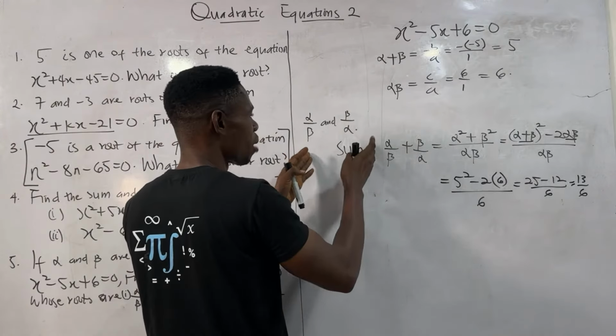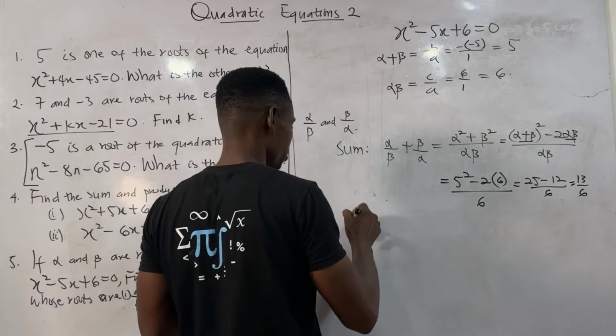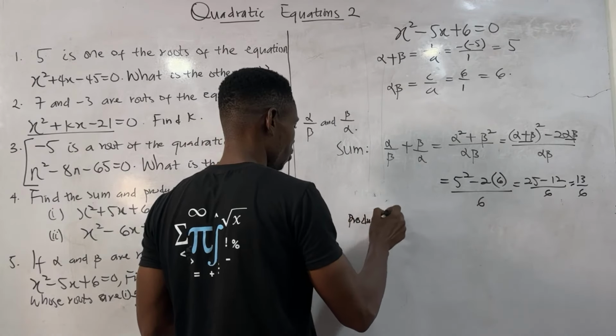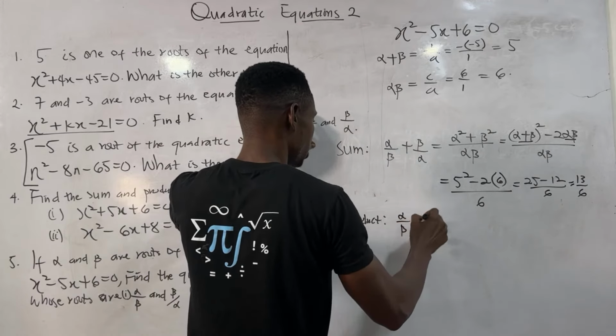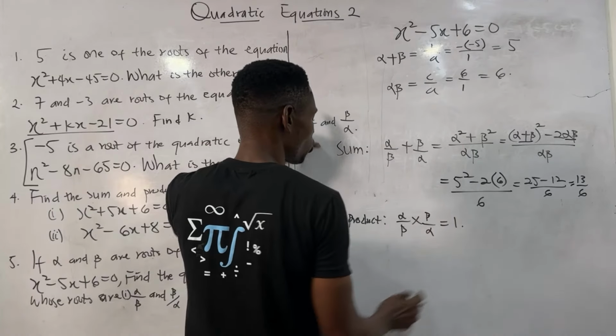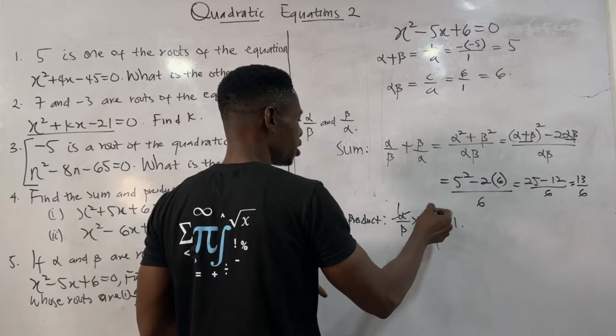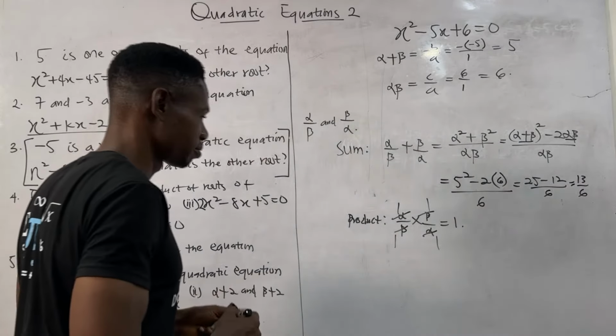Remember that we need sum and product to form that new equation. So let's look for the product. We'll have alpha over beta times beta over alpha. And that's 1, because alpha here is 1, beta here is 1. So our final answer is 1.